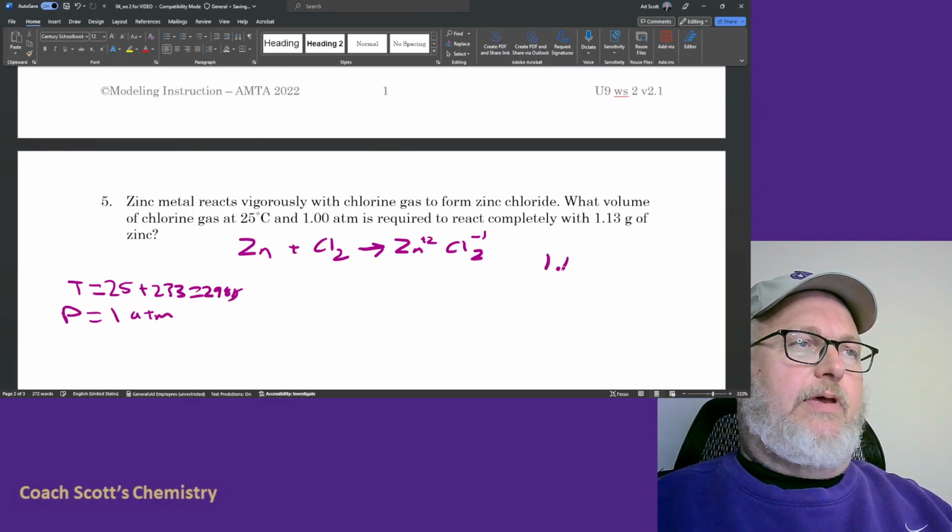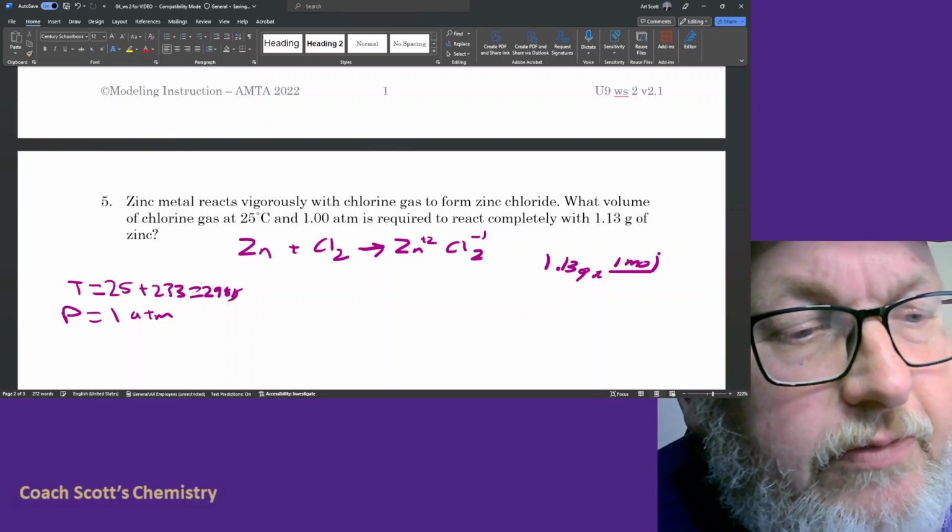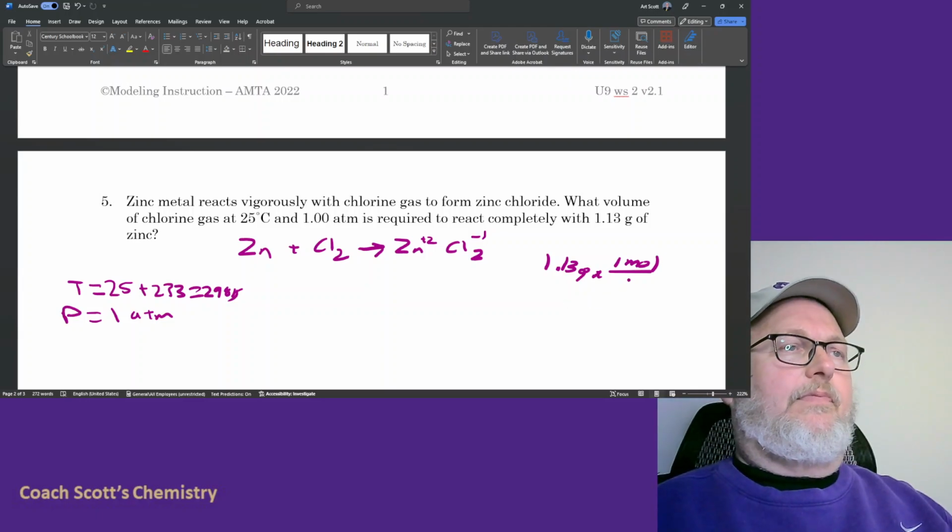Okay, so that means I've got to find the number of moles of zinc. 1 mole of zinc is 65.38 grams.